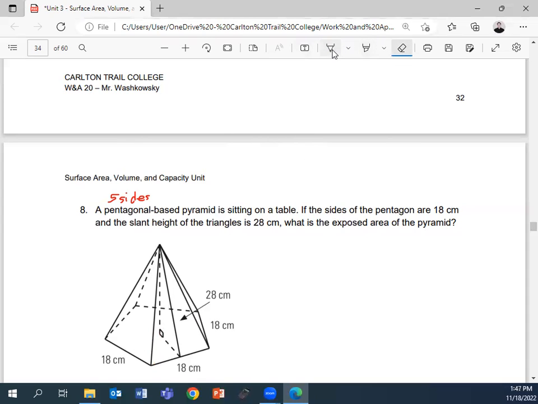How did I want to do this? Yes, okay. There we go. So then draw these in. These are 5 triangles. This is what makes that up. So then there's just 5 triangles in the base.